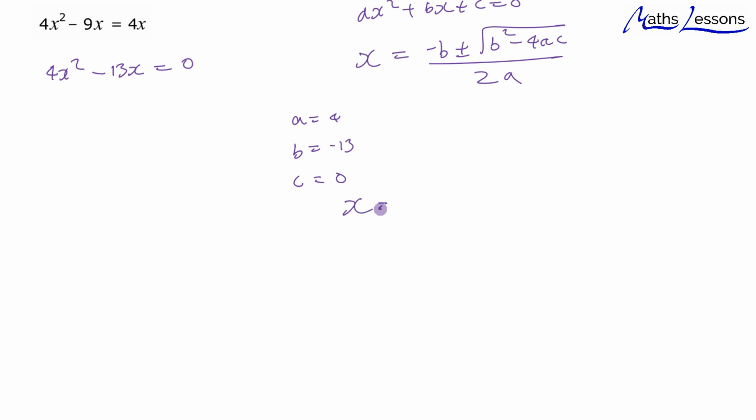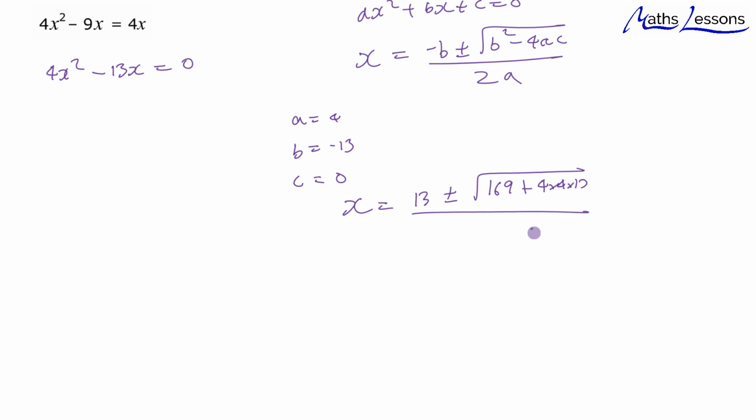So therefore x will equal minus b, which is going to be 13, plus or minus the square root of b squared, which is going to be 169, minus 4 times a times c.